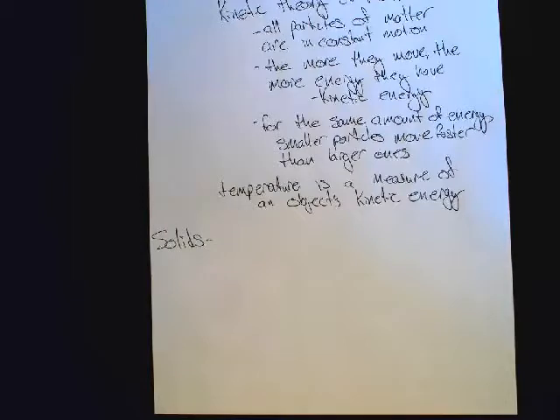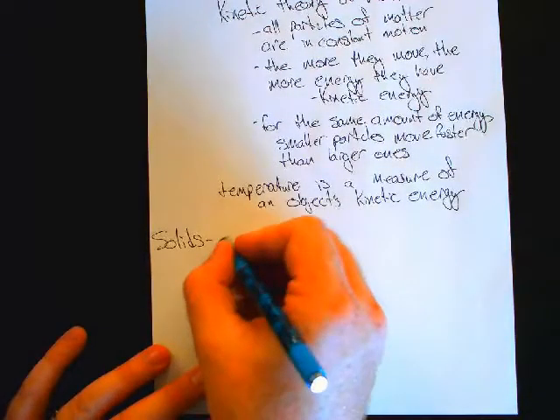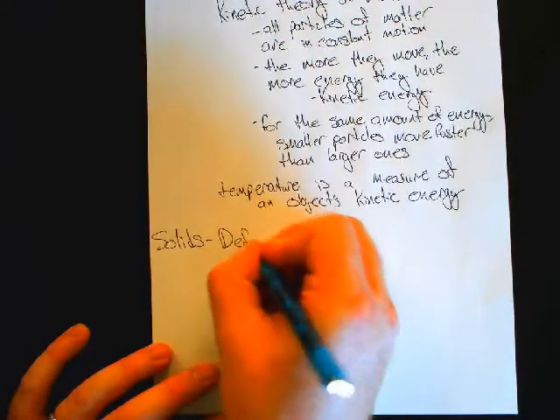Someone who did the reading Friday. So definite volume. And what's the other one? Definite shape. All right. So solids have definite volume and definite shape.